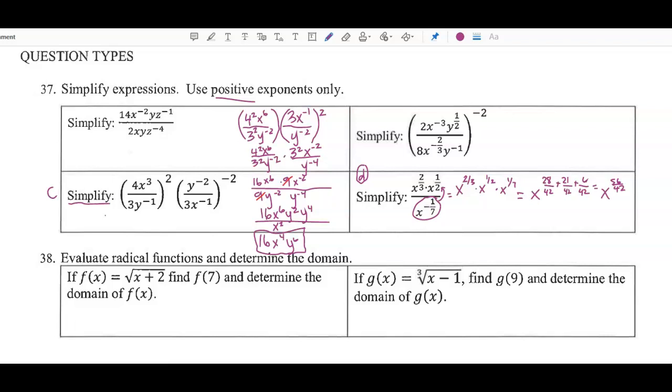All right, so just make sure you're using those same rules that we have been using, but now it's just with some fractions. Let's see, what did I do there? 55, sorry. Looks really weird.